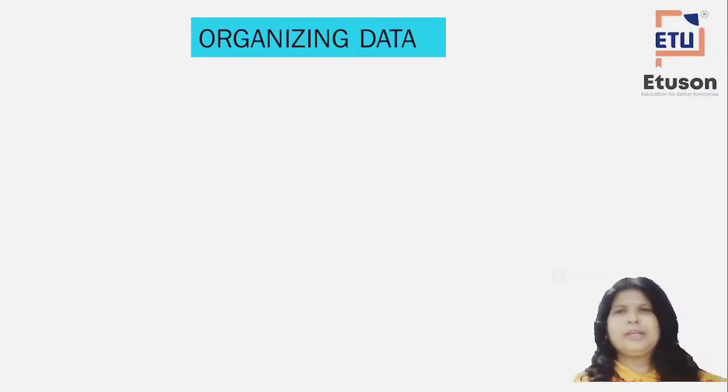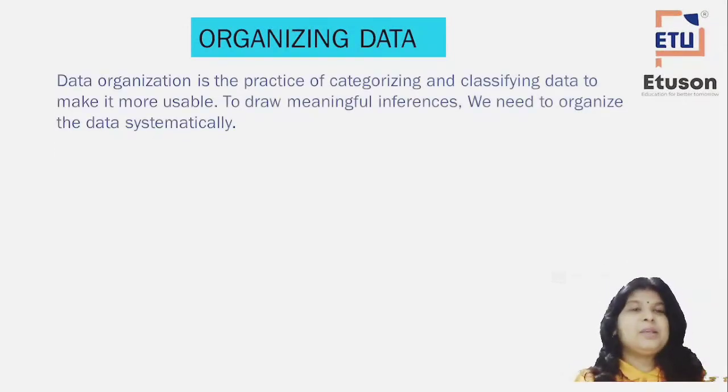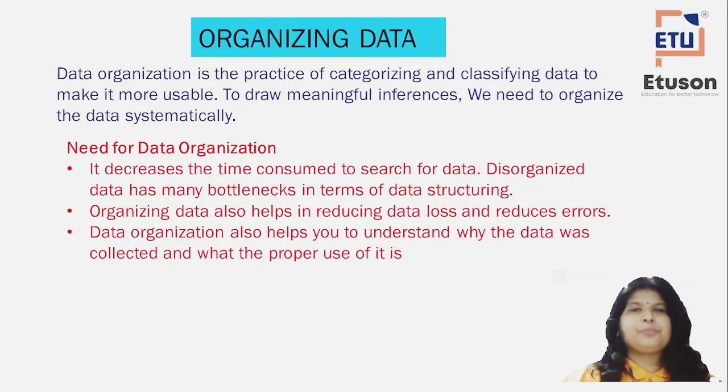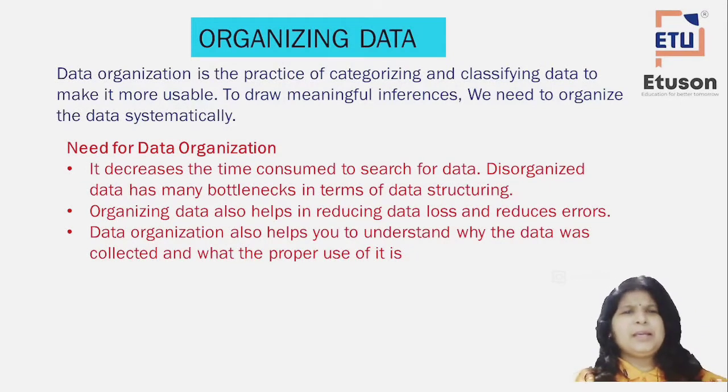So now, what is organizing data? I think already you have understood what it is. So data organization is the practice of categorizing and classifying data to make it more usable. To draw meaningful inferences, we need to organize the data systematically. Correct? So now, what is the need of data organization?